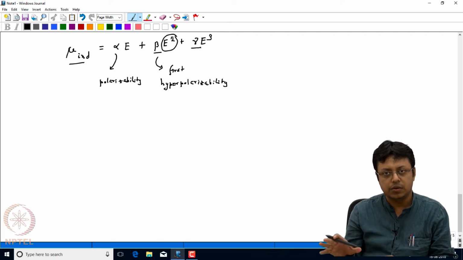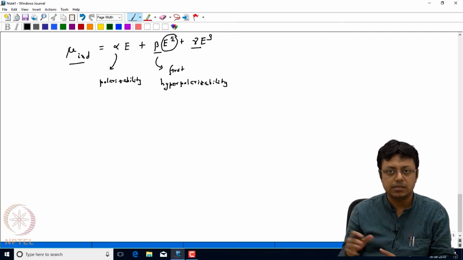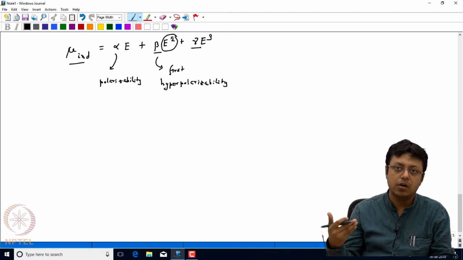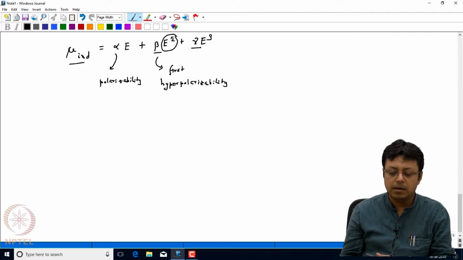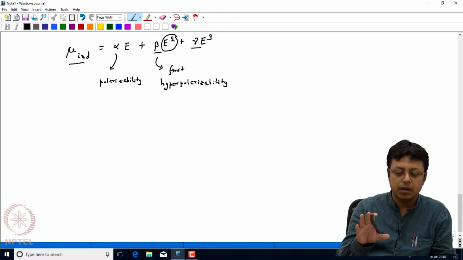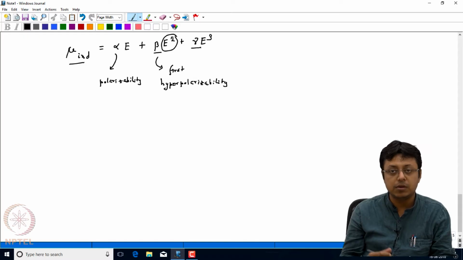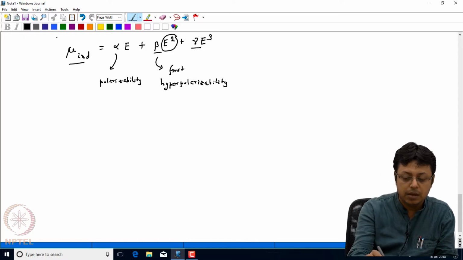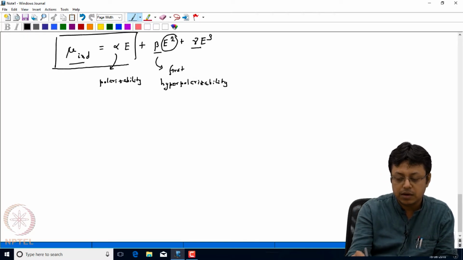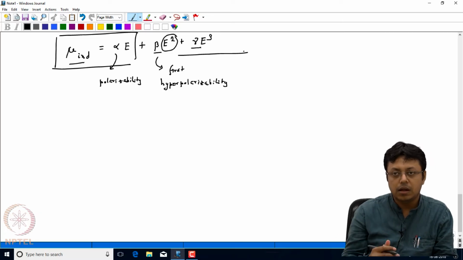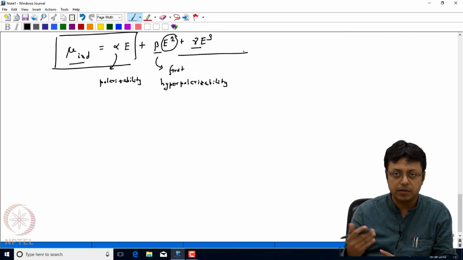We cannot go through all these details of the tensor algebra, how the dimension of the beta or the gamma or the higher order hyperpolarizabilities is determined, but we will more or less restrict our discussion to the induced dipole moment which depends only on the first term, where we are ignoring all the higher order dependence on the electric field.